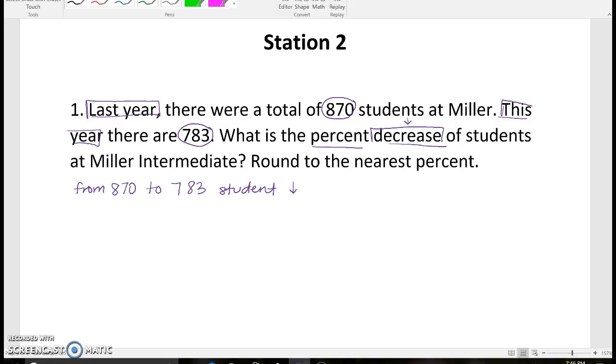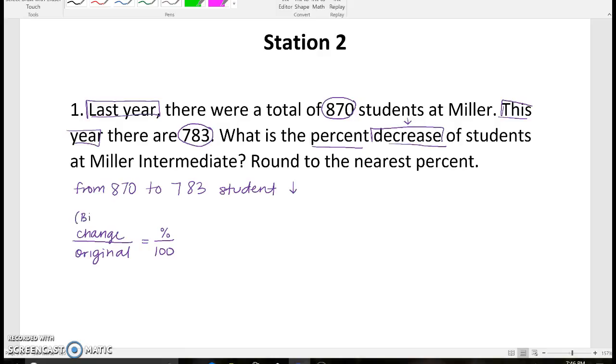So if we're looking for percent of change, we're going to use our formula, change over original equals percent over 100. And remember, to find change, it's asking for the difference, right?